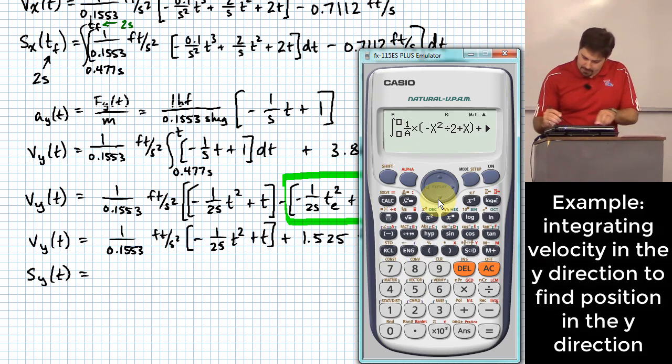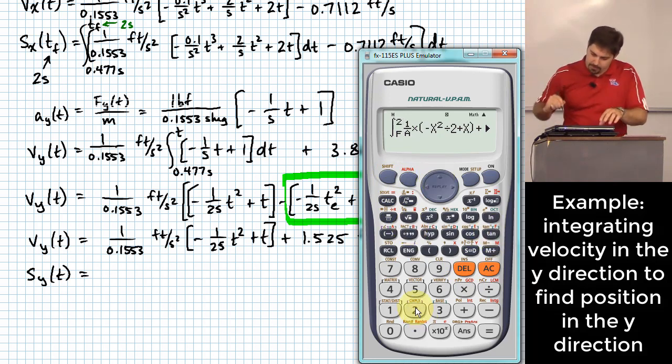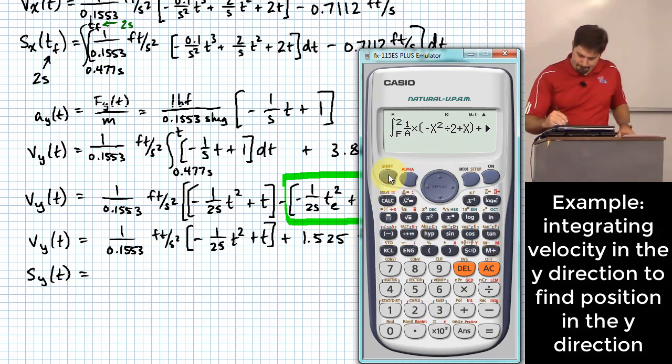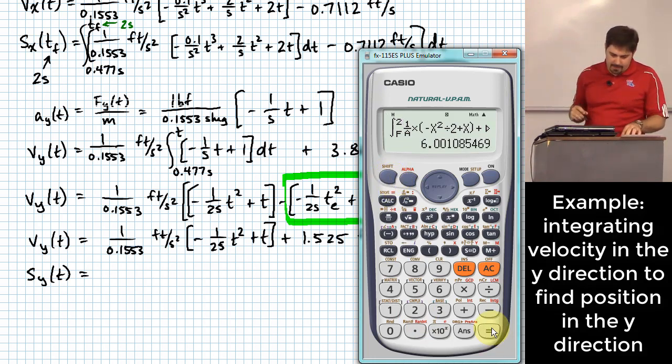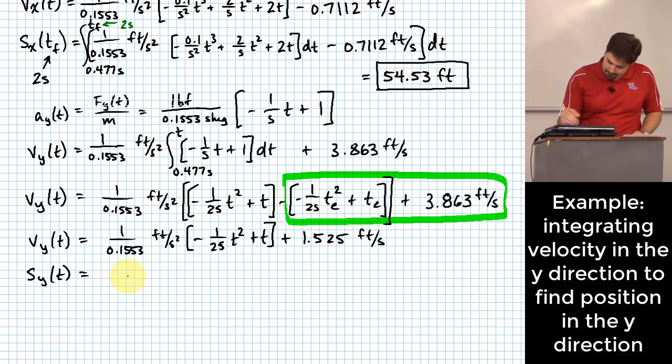This is going to be integrated from 0.477, I think I have that stored in f, up to 2 seconds. And that gives me 6.001, and that would be in feet.